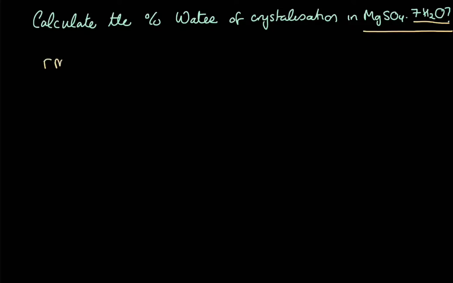Okay, so again, we're going to look at the relative molecular mass of the whole substance. So the relative atomic mass of magnesium is 24. We have sulfur, 32. 4 oxygens. And then the 7 goes into the whole water molecule there. So 7 H2s.